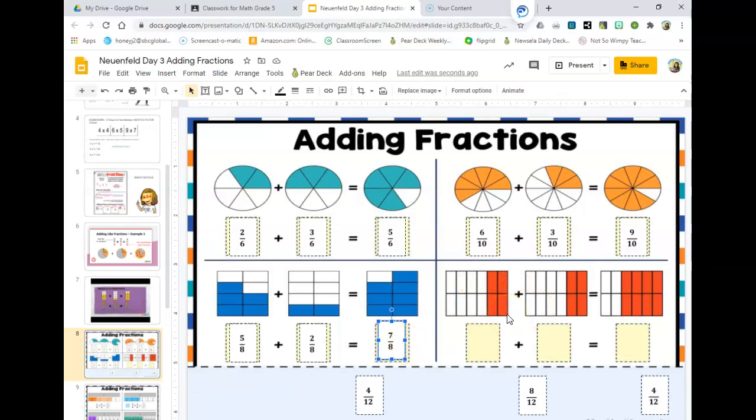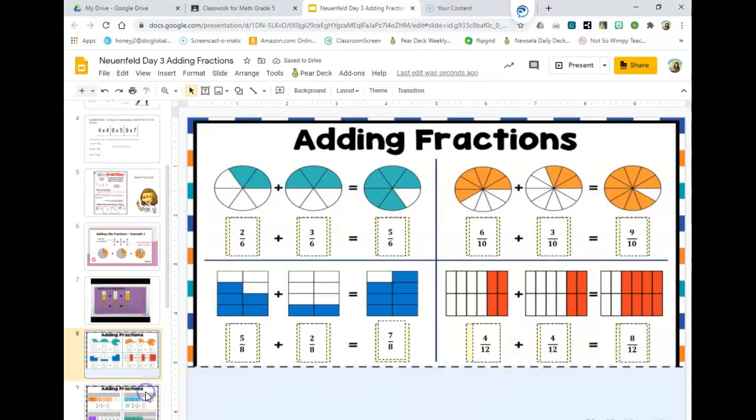Now let's count how many parts are shaded. 1, 2, 3, 4. So this is 4/12. 1, 2, 3, 4. This is also 4/12. When I add 4 plus 4, I get 8. And the denominator stays the same at 12.